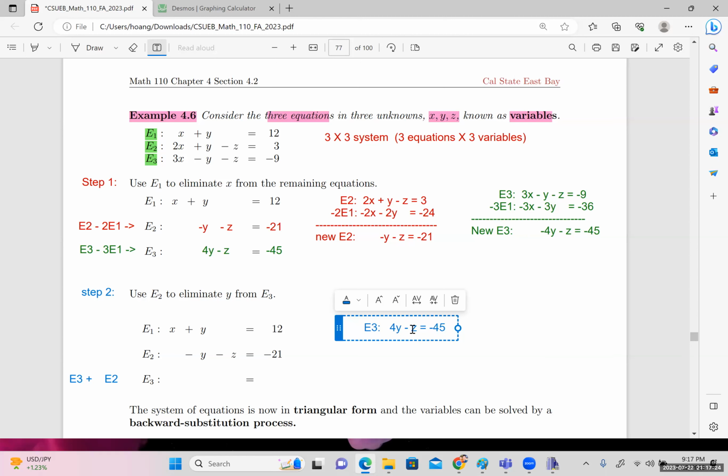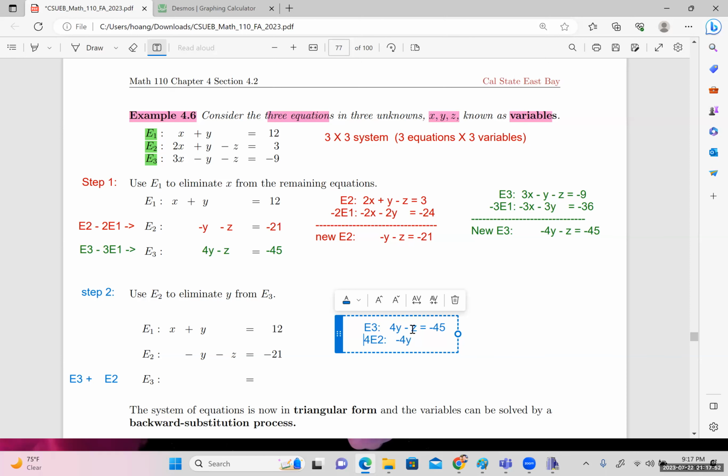Okay, and I want to add something multiplied by equation 2. Equation 2 now has negative y, and I want to make it 4y, so when I add those together, I can cancel. That's 4, right? So I need to multiply the whole equation 2 by 4.